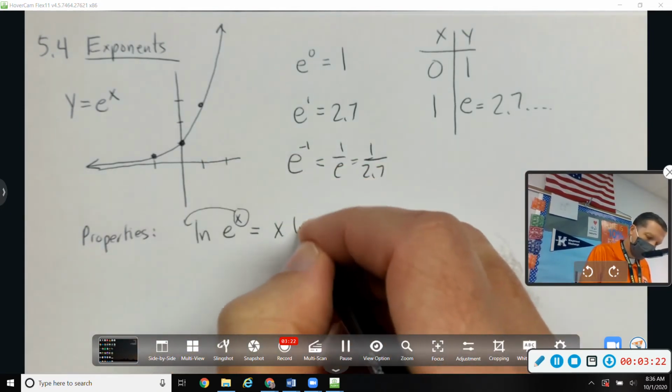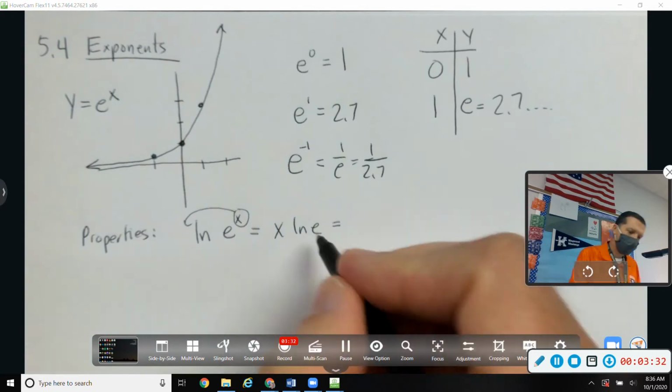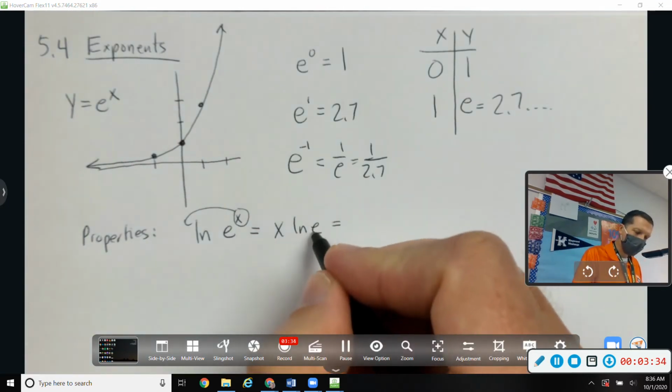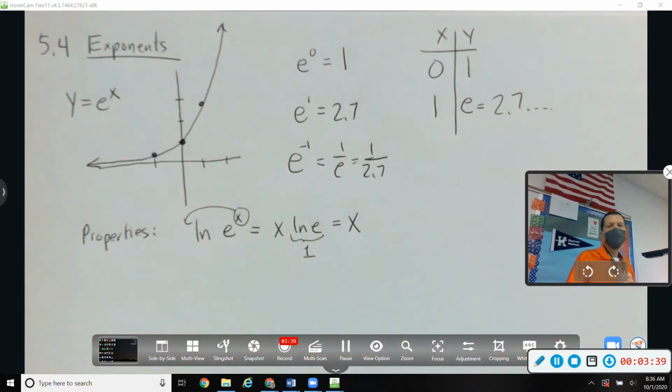So x natural log e. Do you remember what the natural log of e is? It means e to something equals e. So that's got to be 1. So the natural log of e to the x is just x.